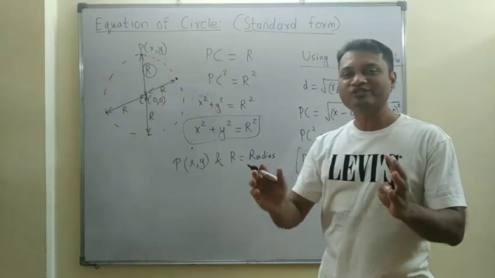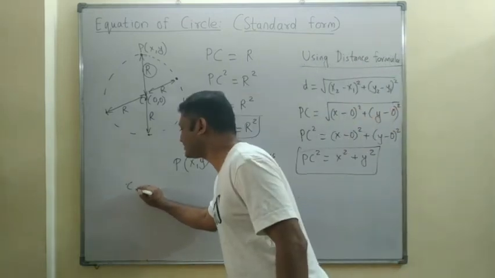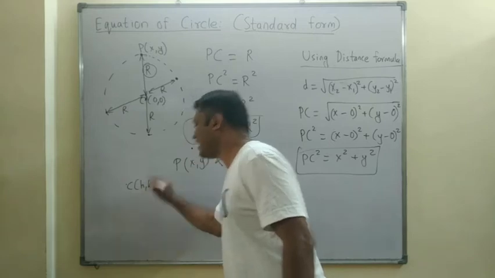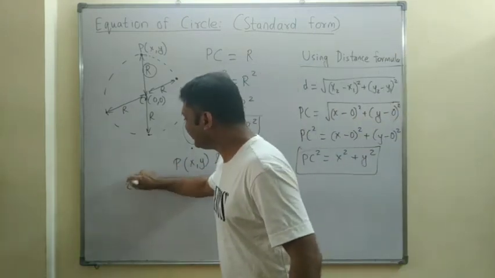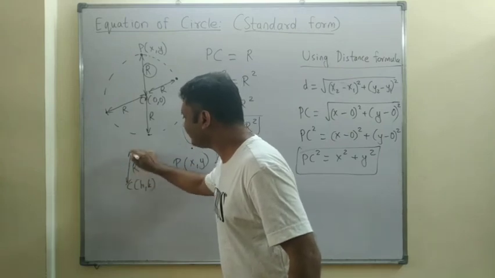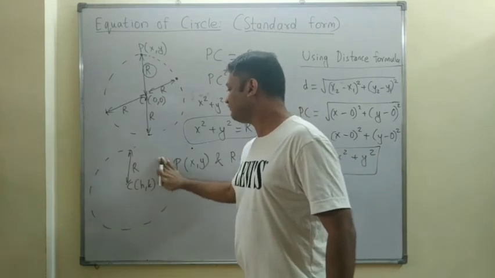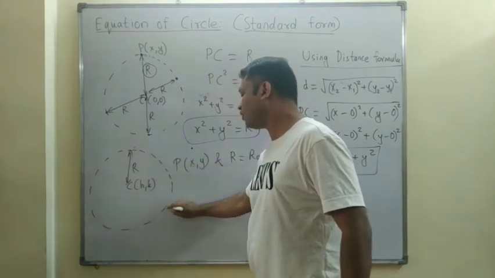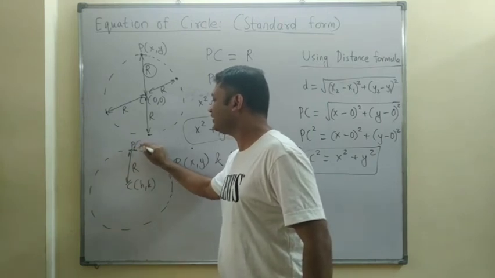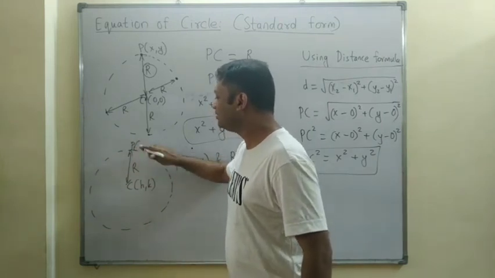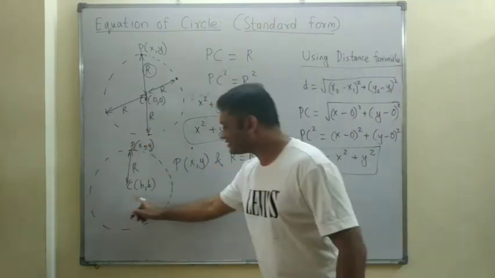Now, if I do a slight change, suppose I consider the center as C having coordinates h, k, and I plot a circle with a radius r, so in that case the circle will be something like this. And if I consider the general point on the circle as point P having coordinates x, y, and center is h, k.